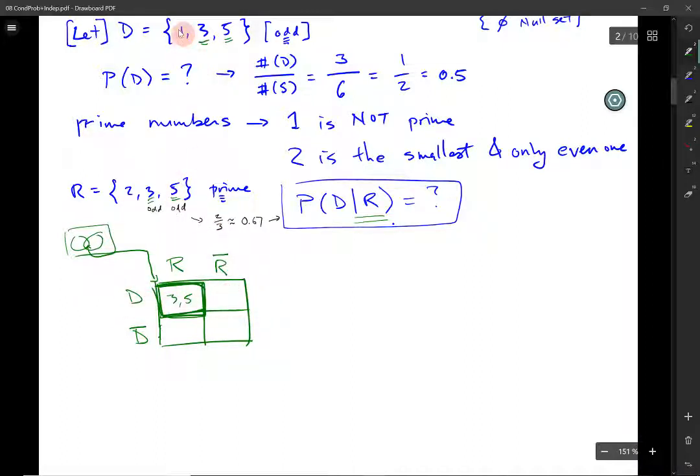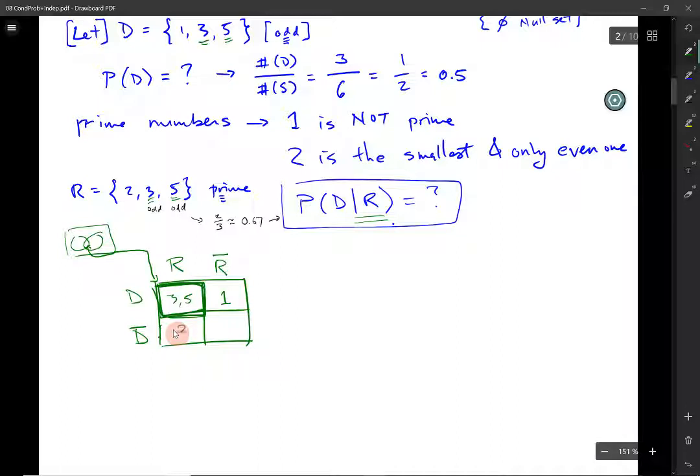What is in D but is not prime will be 1, because it's odd, but it's not prime. Continuing vertically, the prime numbers. What's a prime number that is prime, but it's not in D? It's not odd. What prime number is not odd?